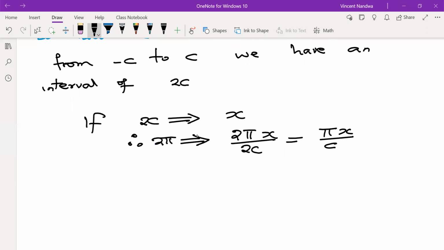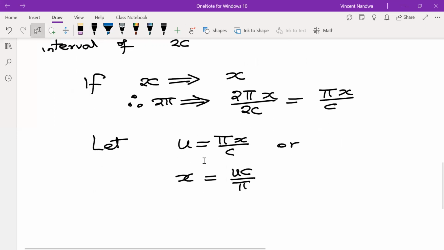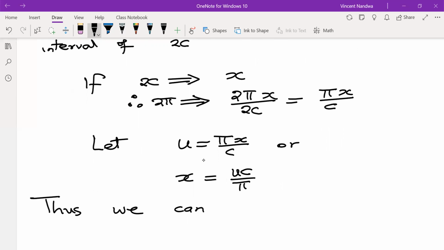So let u be this value pi x over c, which is the same thing as saying when you make x the subject, you get u times c over pi. So we can use this transformation. Let me call these two.